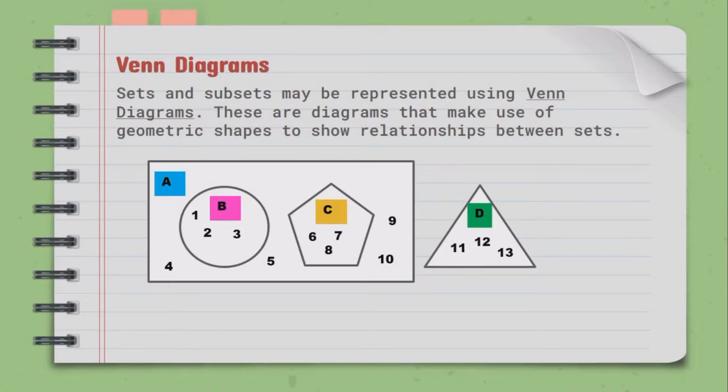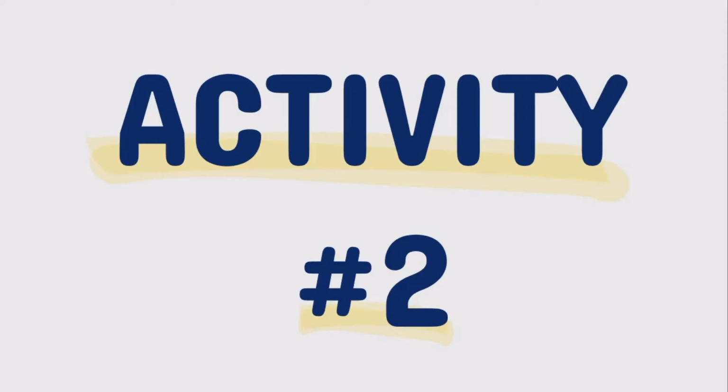However, D does not belong to set A. So, set D is not a subset of set A. So, that is how we are going to use Venn diagrams. And we're done!